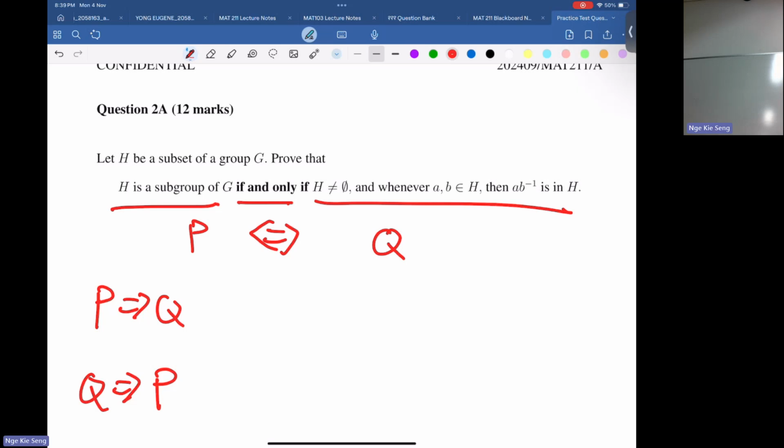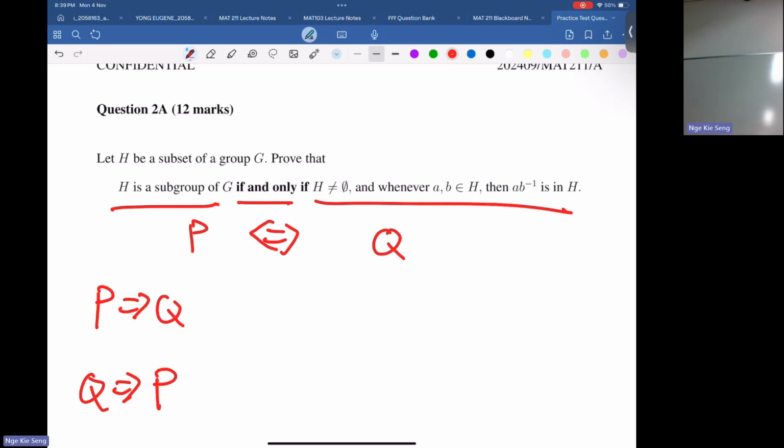Because it's a subgroup, it must contain at least the identity element. Whenever A and B are in H, why is AB inverse in H? Because A is in H, B is in H, and B inverse is in H because H is a subgroup. Then by closure it is still inside the subgroup. So P to Q is easy. I think the hard one is Q to P.